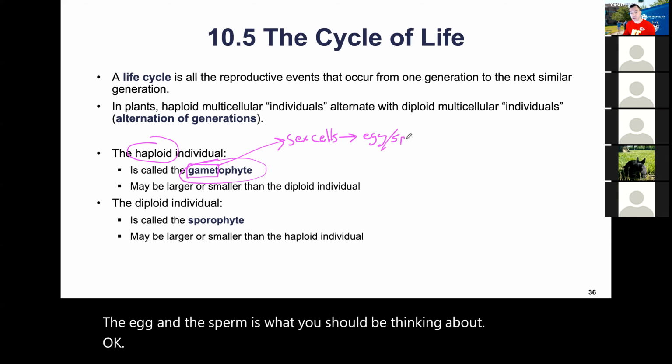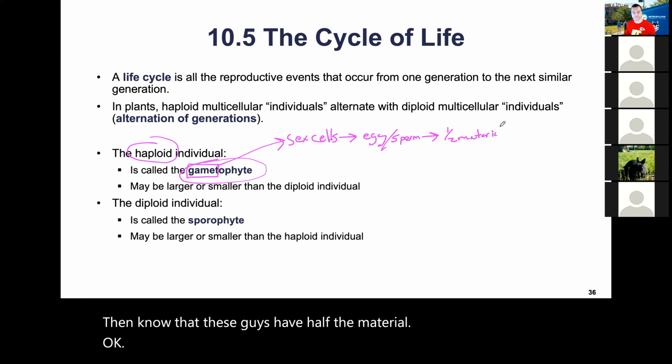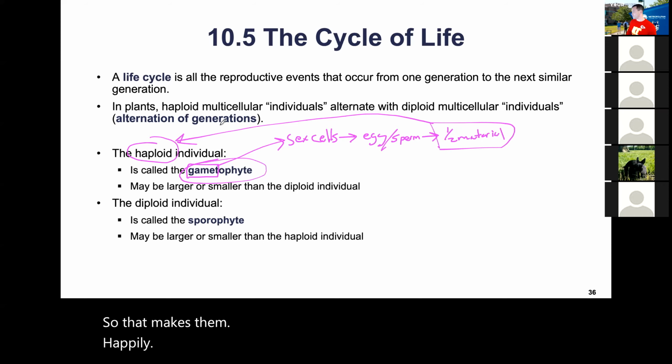And if that is what you are thinking about, then you know that these guys have half the material, so that makes them haploid. And you see this a lot in mosses, fungus, various different plants in that regard.